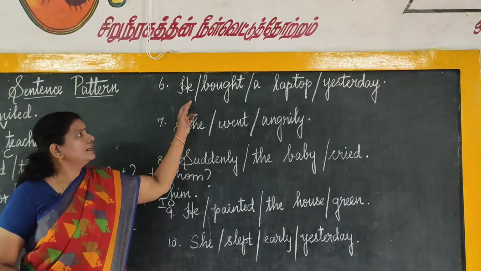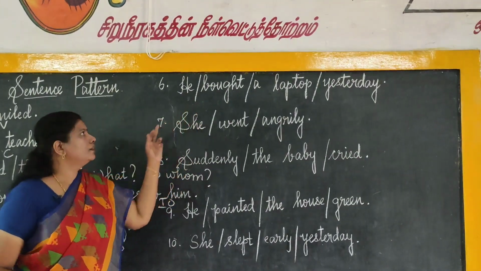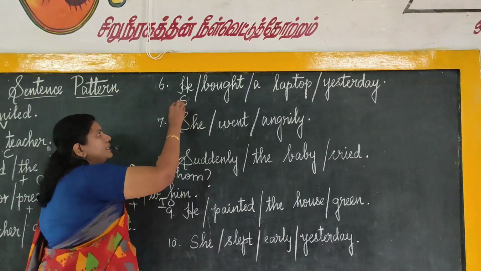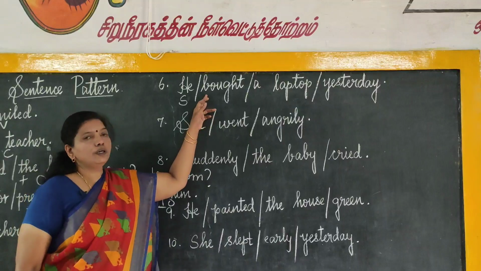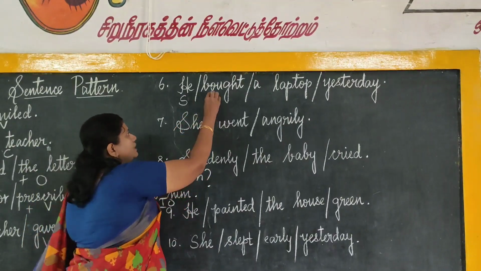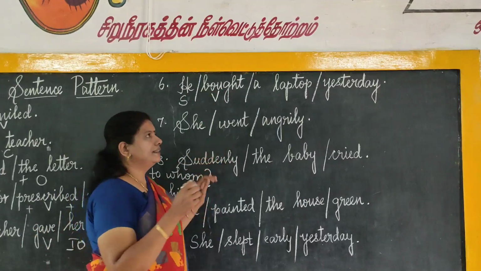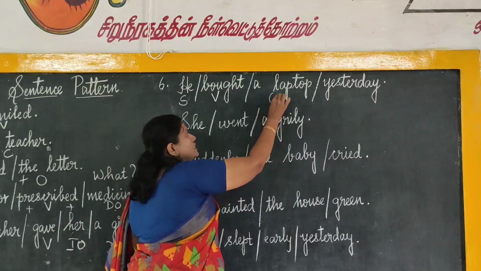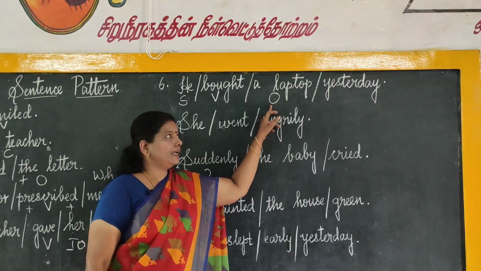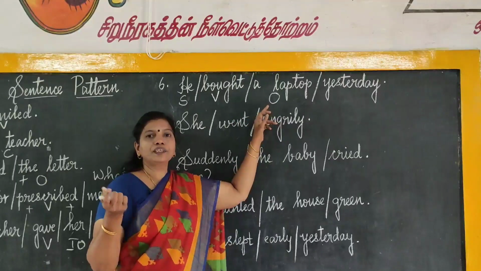Sixth one, he bought a laptop yesterday. We are talking about the third person, he. So this is the subject. What did he do? He bought a laptop. So buying is an action. So this is the verb here. What did he buy? A laptop. So this is the object. Again, when did he buy the laptop?